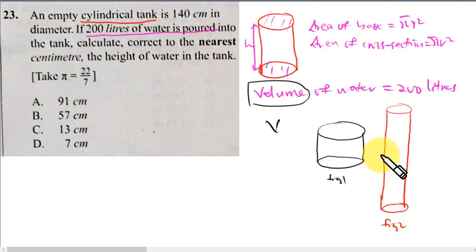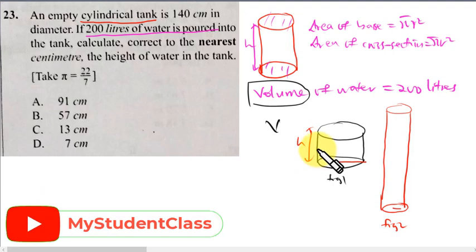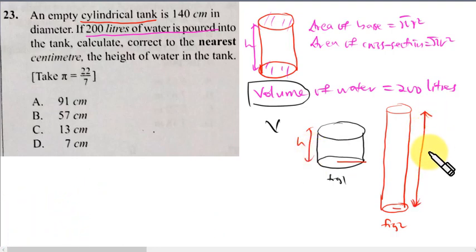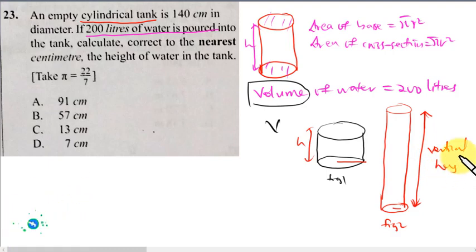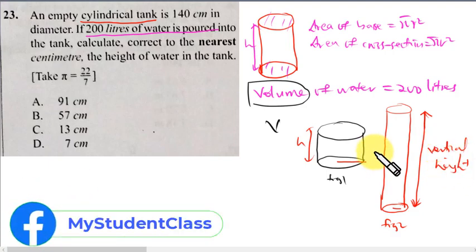It is very difficult to tell, because they don't have the same base area. This has a broader radius, or a bigger base area, and this one has a smaller one. But when we come to the vertical height, this has a smaller vertical height, and this one has a bigger vertical height. So it's very difficult to compare the two.